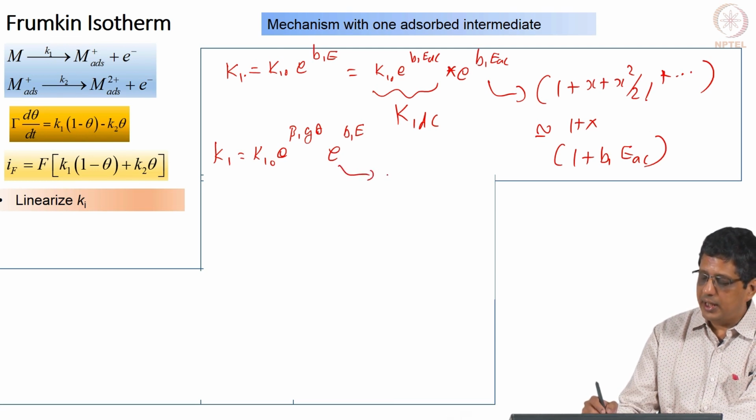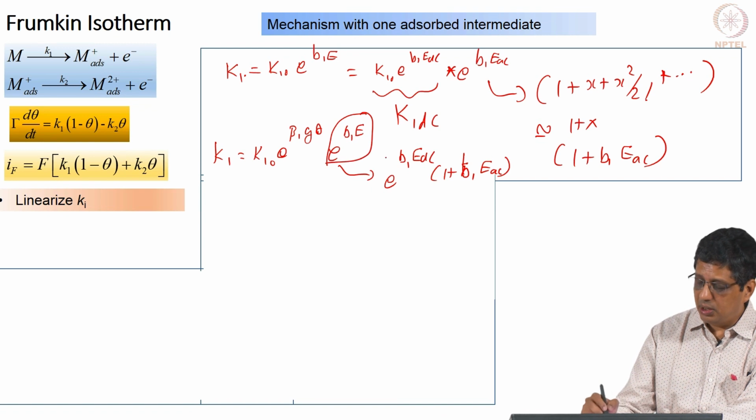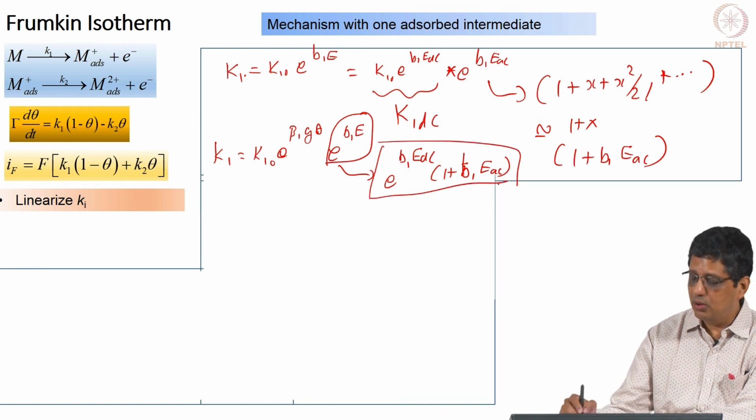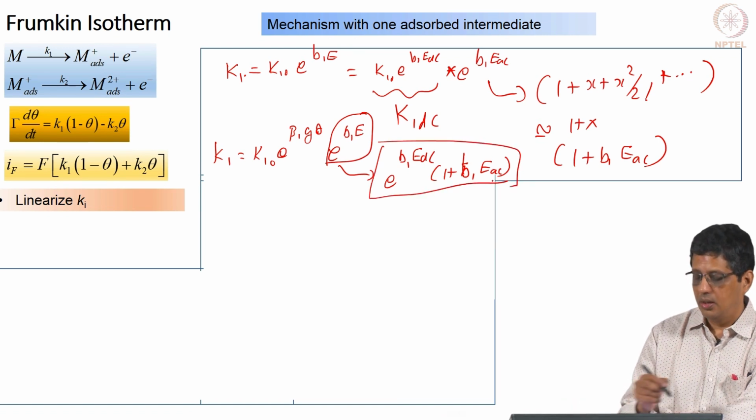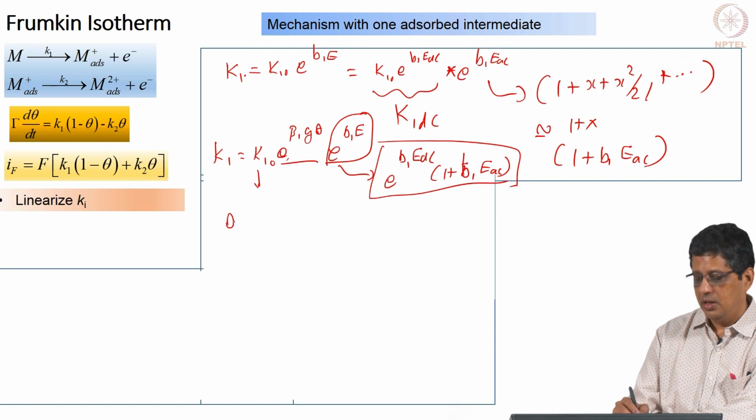This we know how to handle, this part is going to be approximately equal to this. This is a constant anyway. I would like to take this part and linearize it. When we linearize, we are going to write it like this, correct.